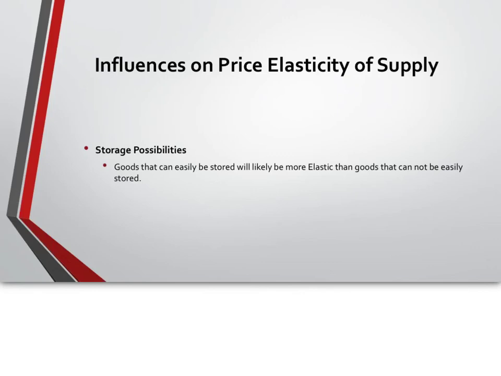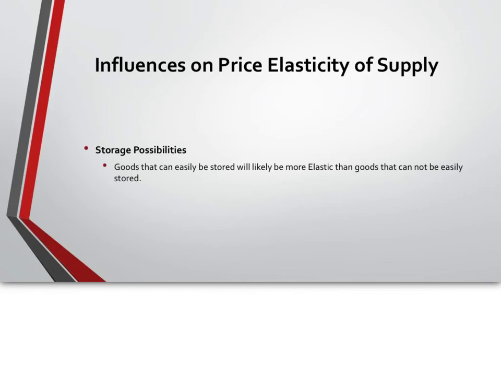At the same time, I'm not necessarily going to want to cut down my manufacturing because, number one, it's not easy to do that. Number two, I don't want to make a major decision with respect to manufacturing that might be very short-lived. So what I do is I store those goods.